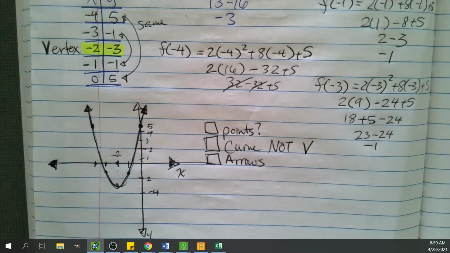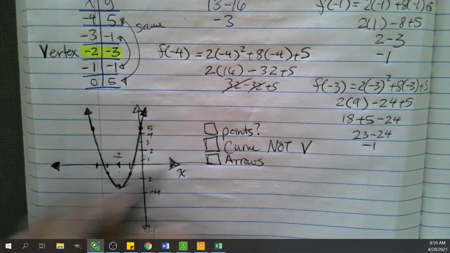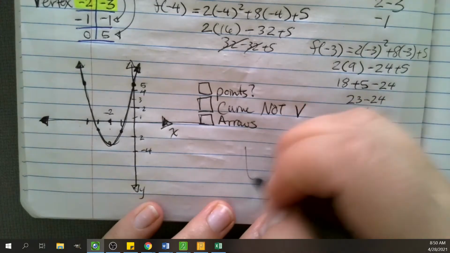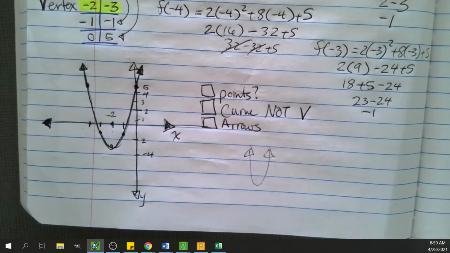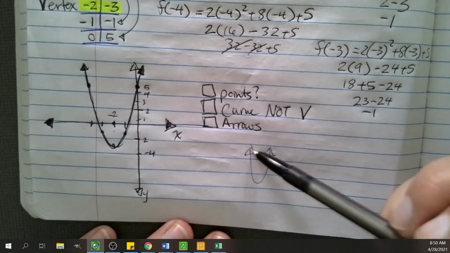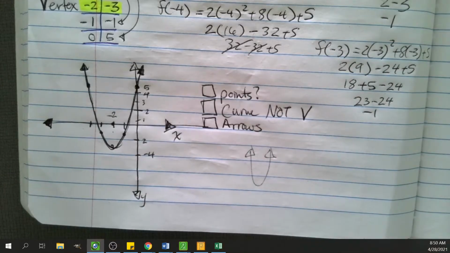So let's say you get on this graph and you have no idea how to do any of this. If you just draw a U with arrows, you'd still get like 5 out of 25. You'd still get some points. Does that make sense? The fact that you know that it's going to be a U shape and that it has arrows, some points.